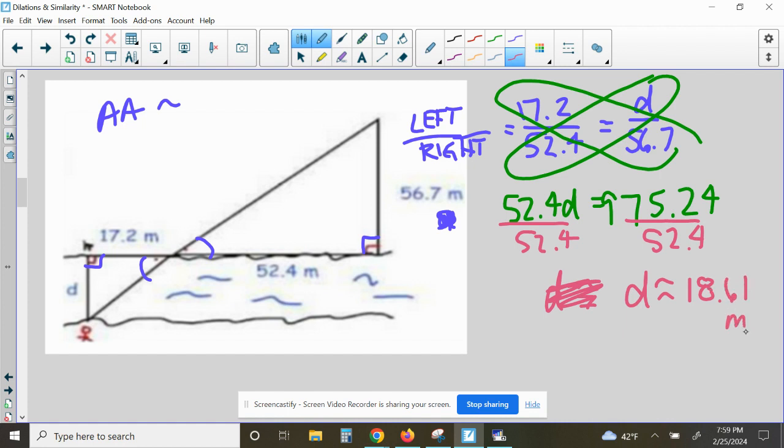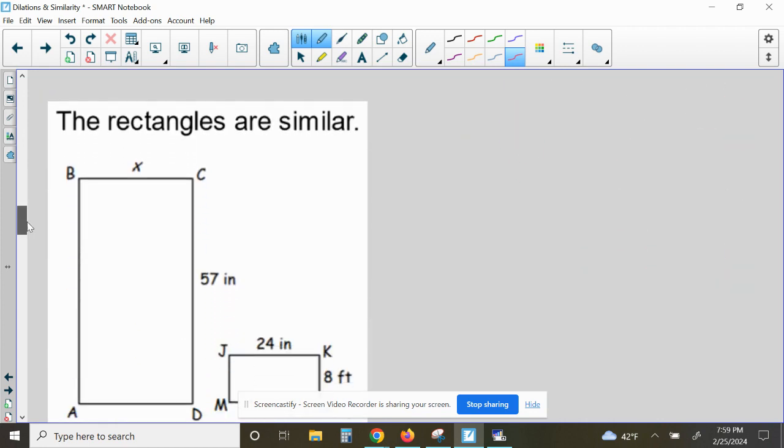And that is meters. So this side is 18.61. Let's see if that makes sense. So this is our smallest side, and then our next. So it looks like this makes sense. Every time there's a picture, I like to put it in there to see if it makes sense.